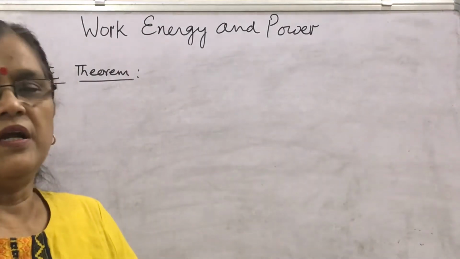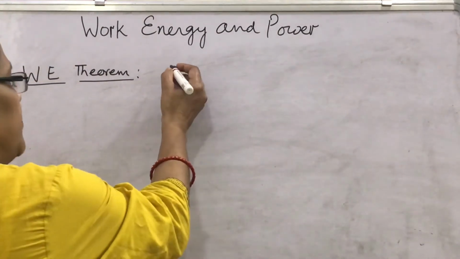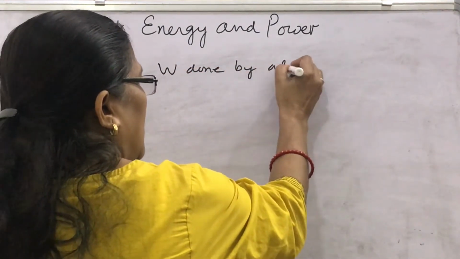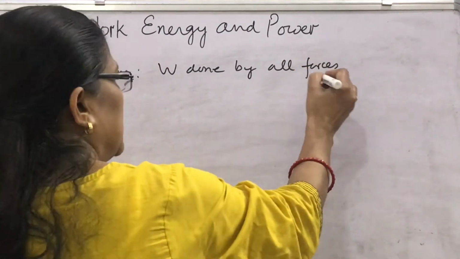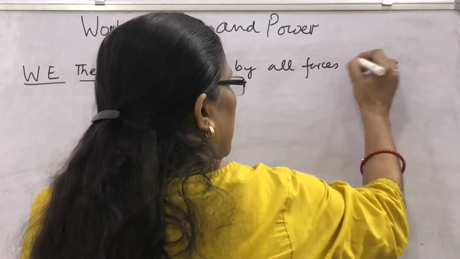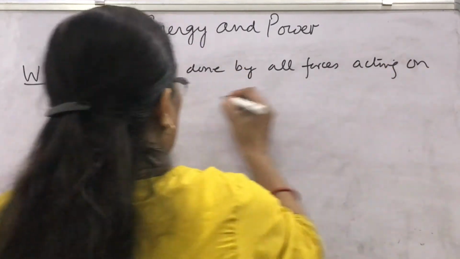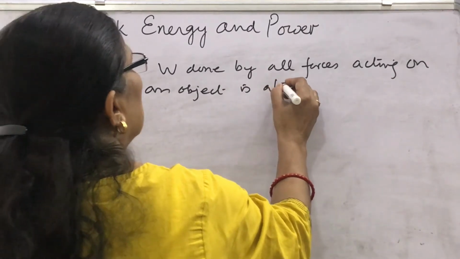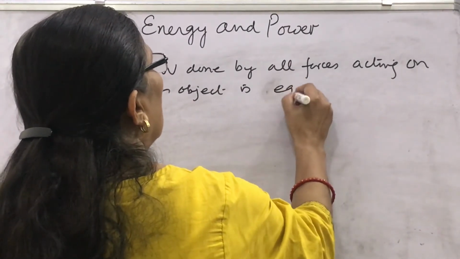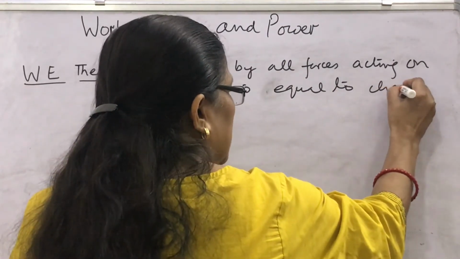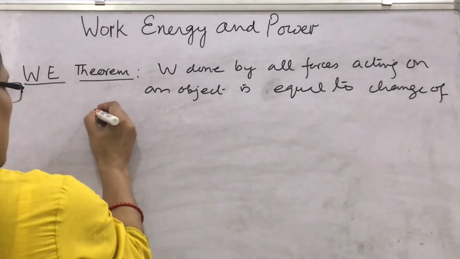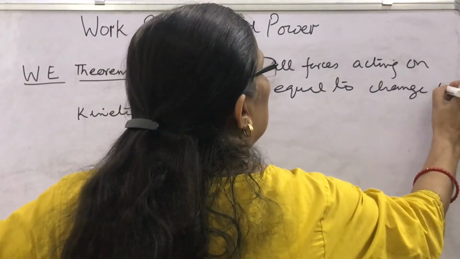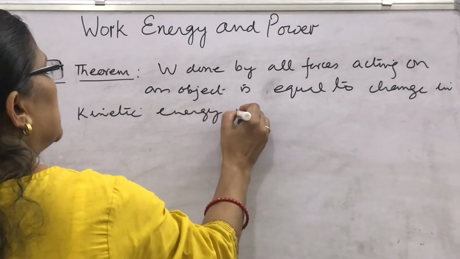You should learn it, that the work done by all forces, every kind of force acting on an object, is always equal to the change in kinetic energy of the object.